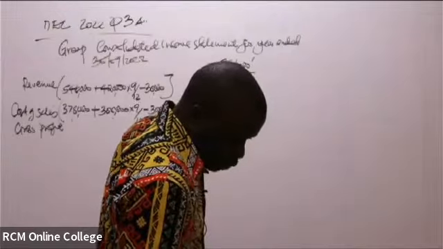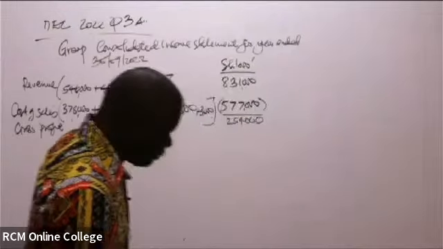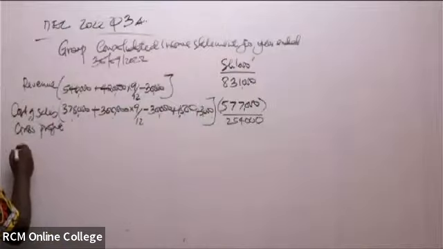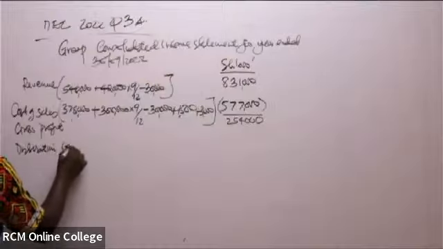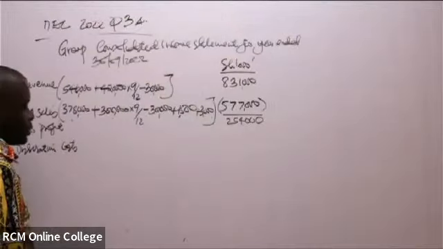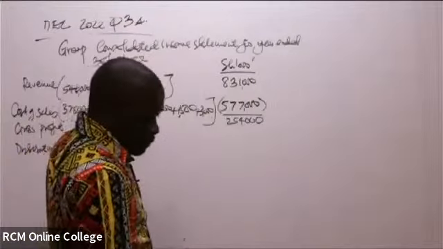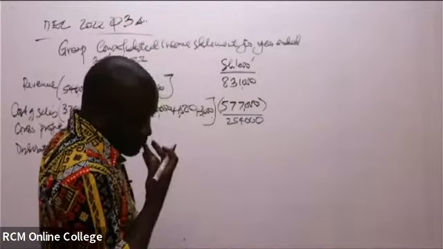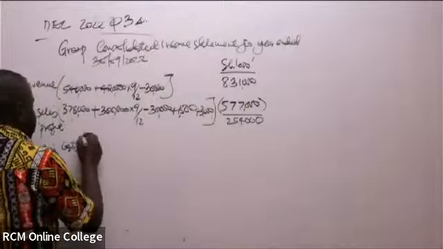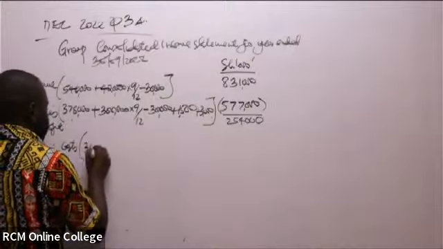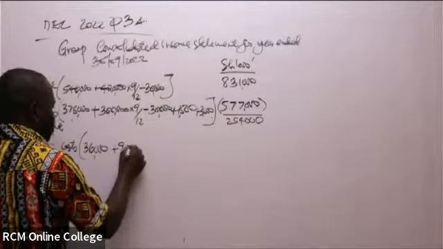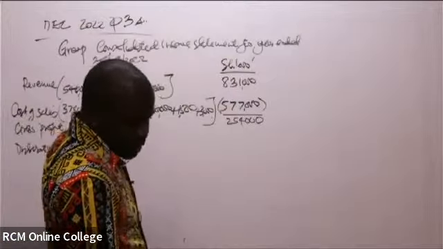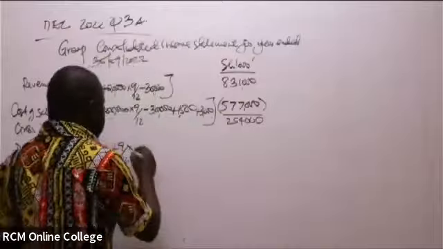Distribution costs of the holding company are 36 million, plus 9 out of 12 multiplied by those of the subsidiary, which are 24 million.